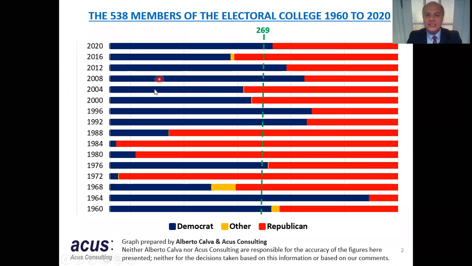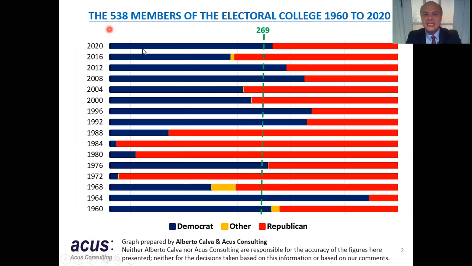The blue bars on the left represent the members of the Electoral College from the Democratic Party. On the right side, the red bars represent the members of the Electoral College who gave their vote for the Republican Party. And in the middle, there are some parts where there is some yellow. That would mean other votes for other reasons or for other parties.